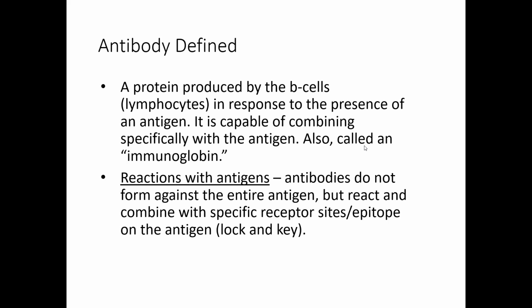So the receptor site on the antibody has to recognize that particular site on the antigen, known as the epitope, kind of like a lock and key. Once they fit together perfectly and you turn it, then that's what's going to elicit an immune response.